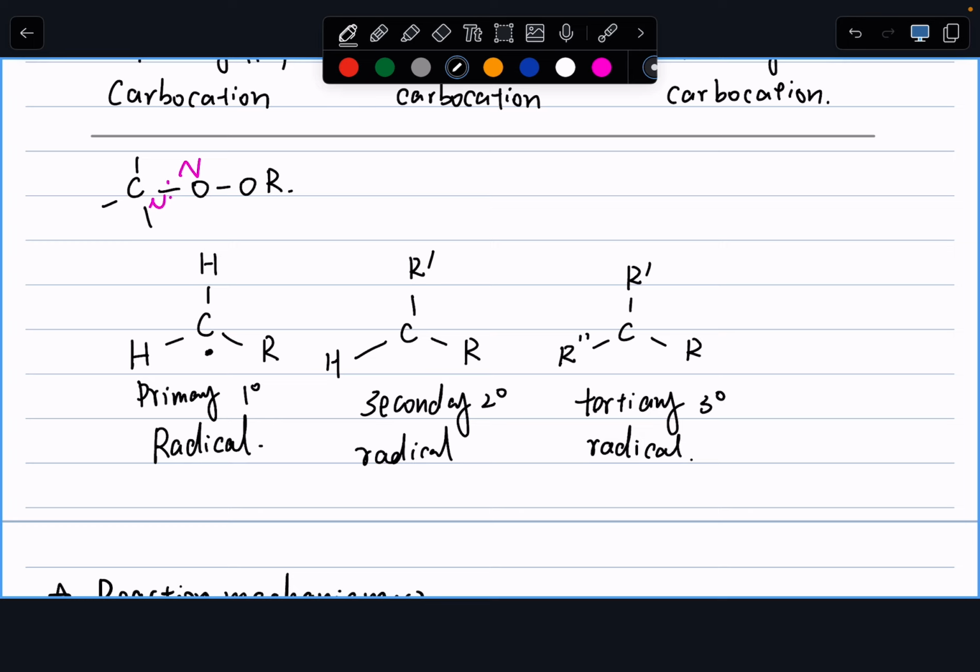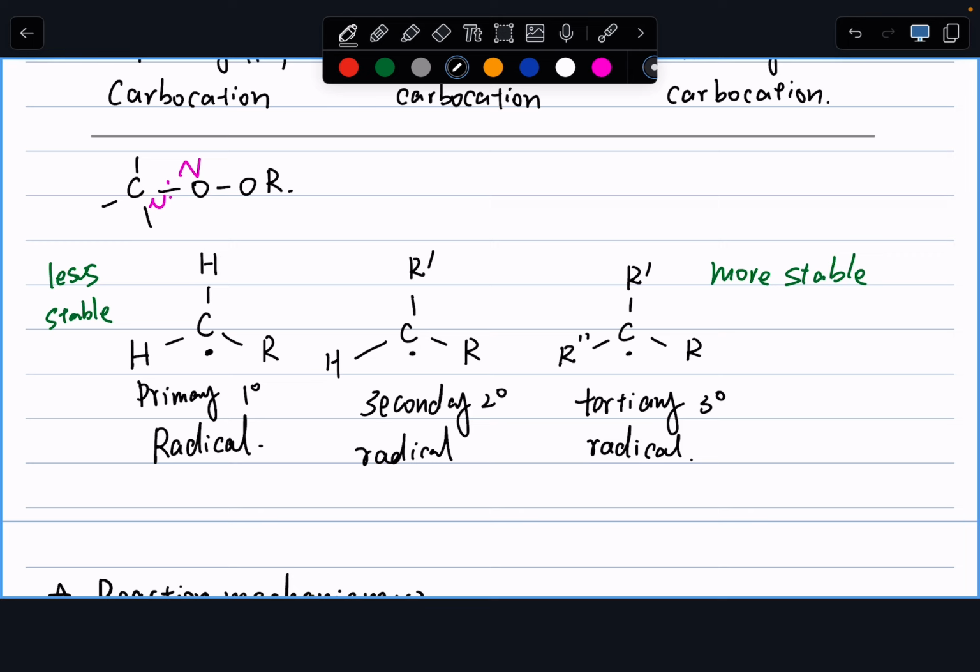And the trend of radical stability is tertiary being the most stable, and primary being the least stable. Yes? Is there supposed to be an electron for the secondary and tertiary? Yeah, thank you for pointing that out.